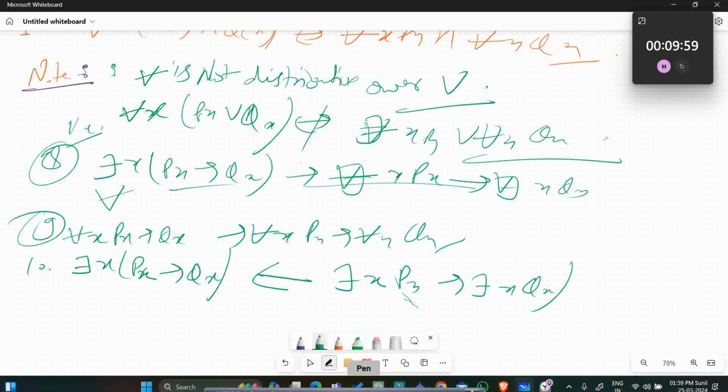So is this not right for that? There's reverse direction only.